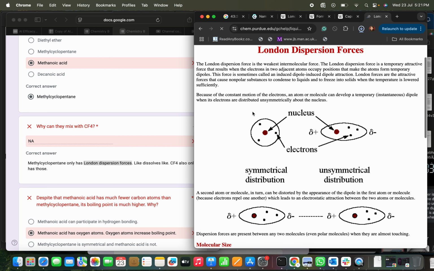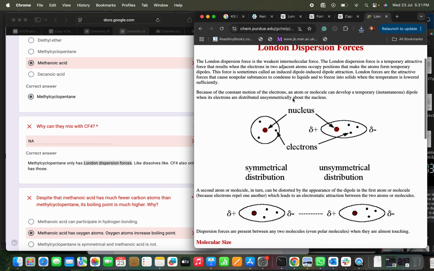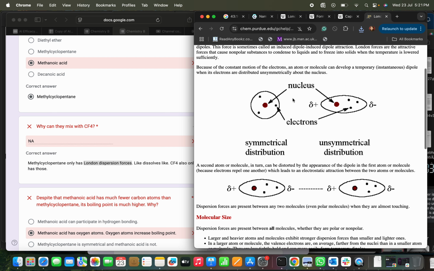The London forces are the weakest intermolecular force. As I understood, the force is called induced dipole-induced dipole attraction. It causes non-polar molecules to condense to liquid and to freeze into solids, because you can temporarily develop a dipole interaction.